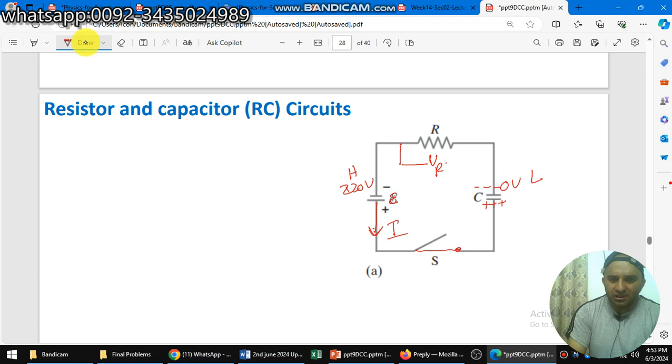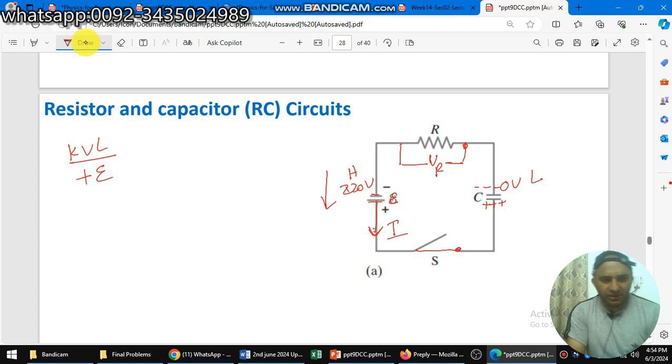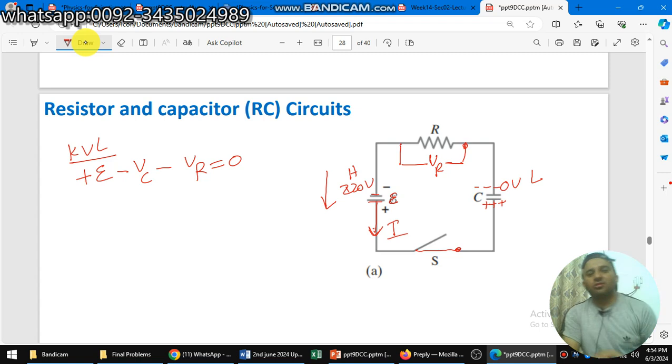According to KVL, the battery supplies EMF plus E, because when we move from negative to positive the potential change is plus E. The capacitor stores potential minus Vc, and the potential drop across the resistor is VR, which is equal to 0.